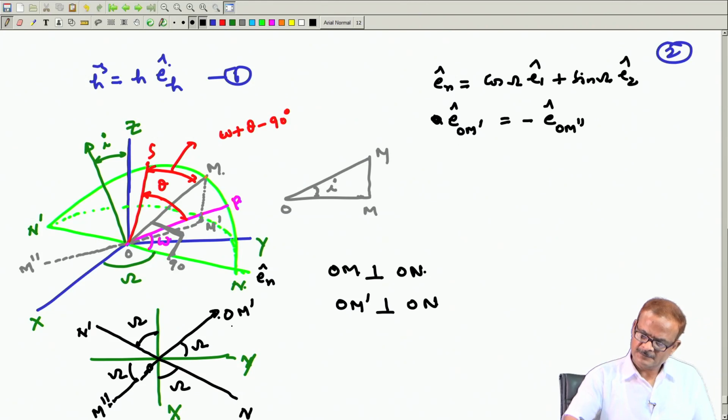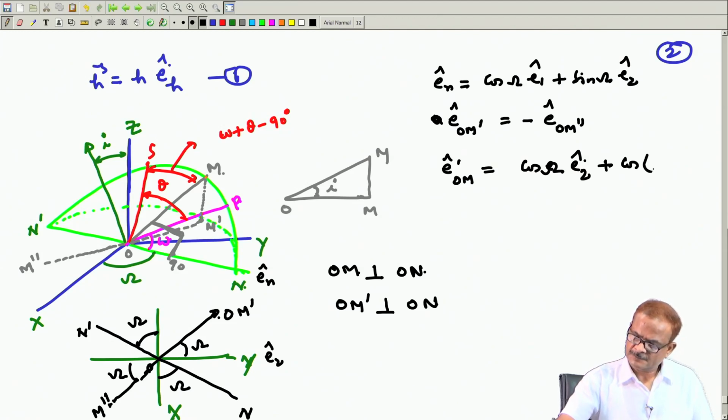And how we can write the E O m prime vector, unit vector, this will be E 2 cap is along this direction. So, cos capital omega E 2 cap, and from here this place, this is plus cos 90 plus capital omega E 1 cap. So, this becomes minus sin capital omega E 1 cap plus cos capital omega E 2 cap.